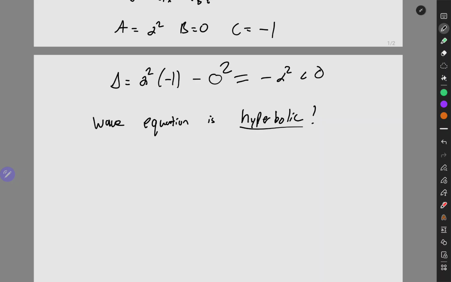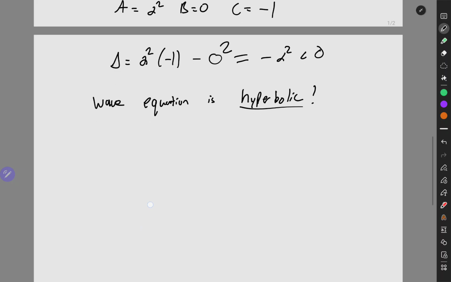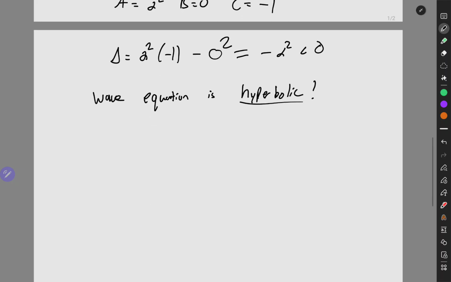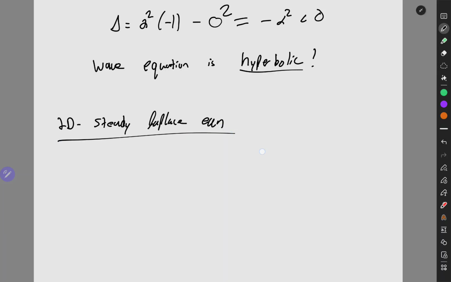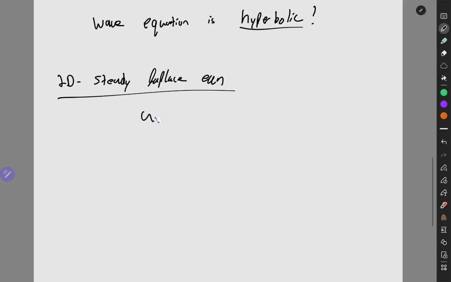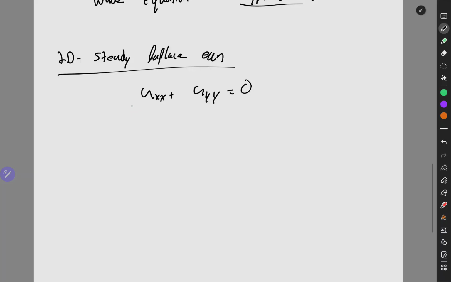What about the Laplace equation? We're going to look at the 2D steady Laplace equation, right? Time independent. That's the one we've been looking at. That is uxx plus uyy equals 0. We have a is 1, c is 1, b is 0.